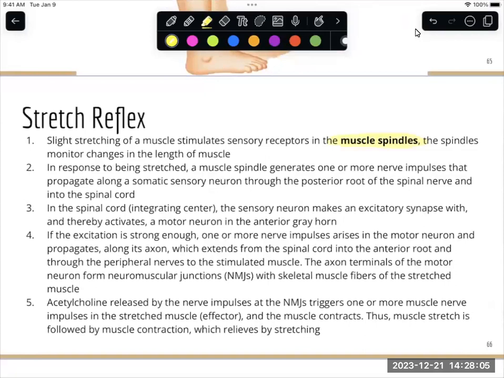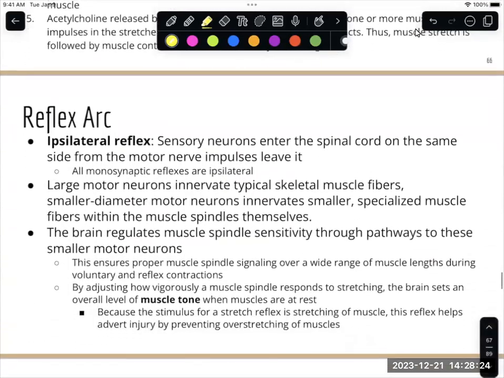So when they are stretched, it's going to cause these muscles to contract through this stretch reflex. And this just goes through the entire step-by-step process if you want to sit down and read it.